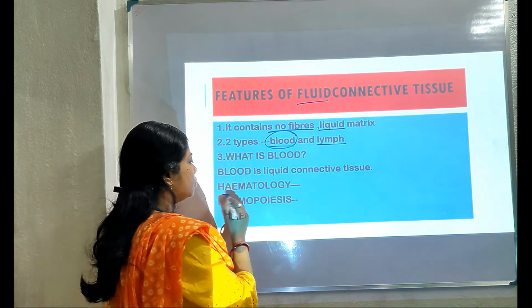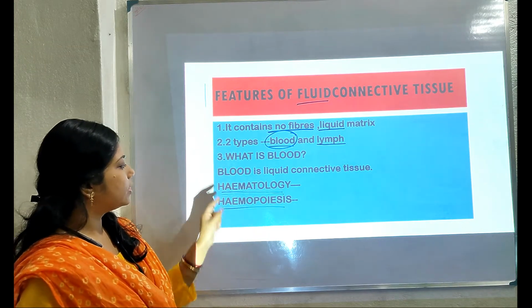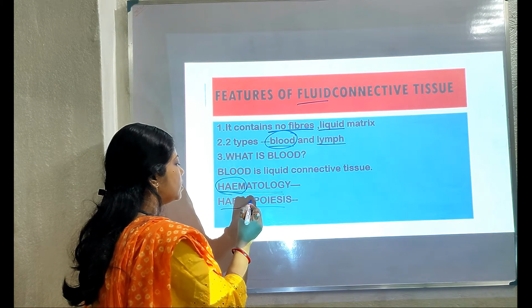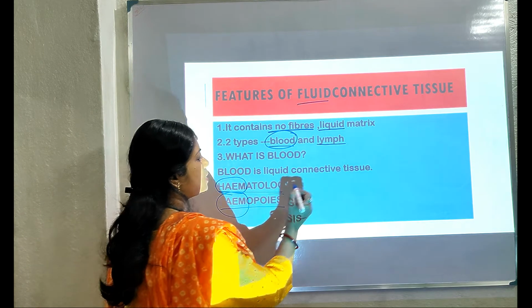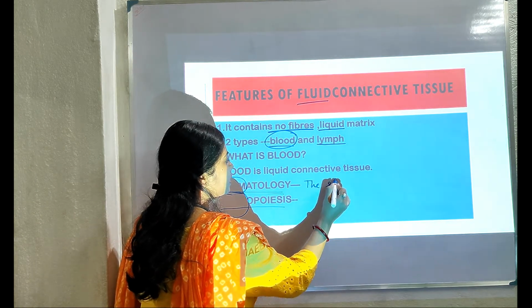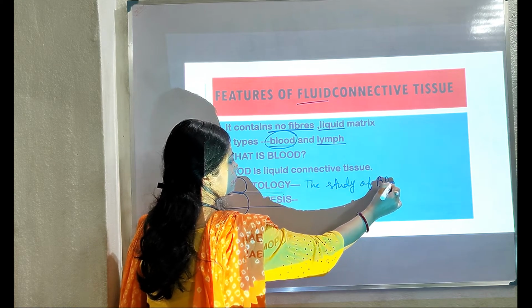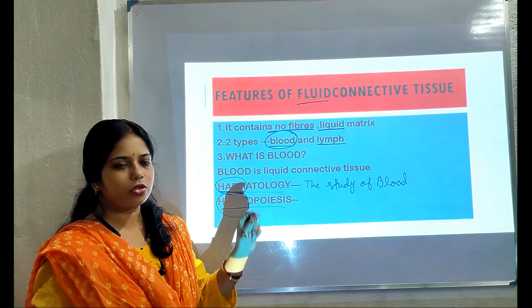Now we will know about two important terms. First one is hematology. Whenever you get the term hem, it is related to blood. So hematology is the study of blood. The study of blood is called hematology.